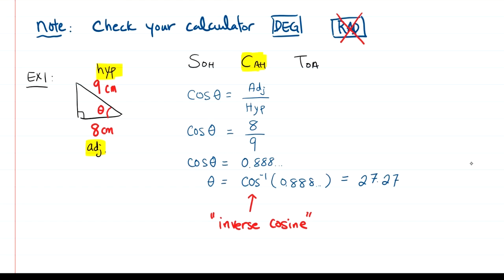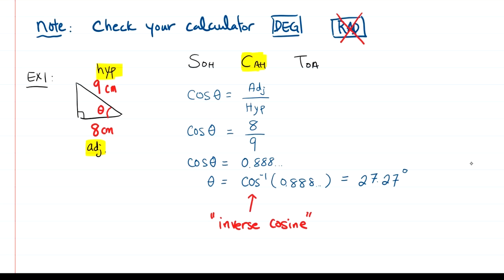I rounded to 2 decimal places, and that's it. And make sure you put the unit at the end. Theta is the angle. This one is in degree mode, so you should have a degree sign on the top right corner. Okay, that's how you do example 1, finding the angle when you're given the hypotenuse and adjacent.